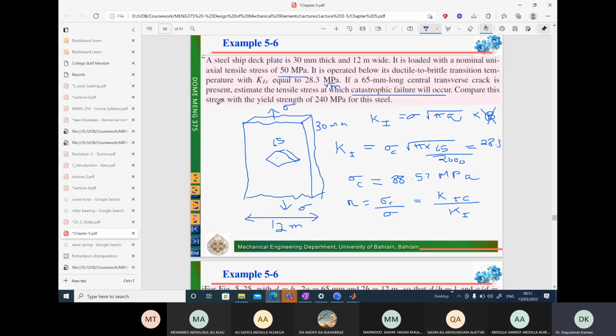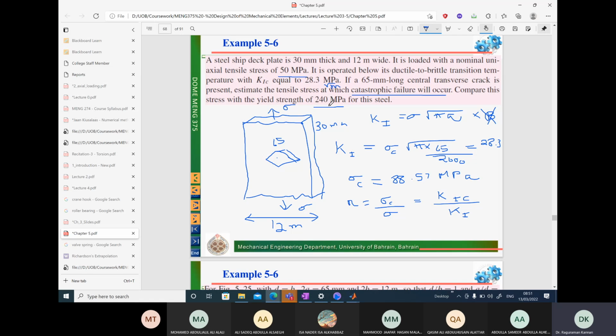Now you are asked to compare the stress with the yield strength of the material. 240 megapascal is the strength of this steel. Normally, if no crack was present in the steel plate, then we can go up to 240 megapascals and no failure will take place.